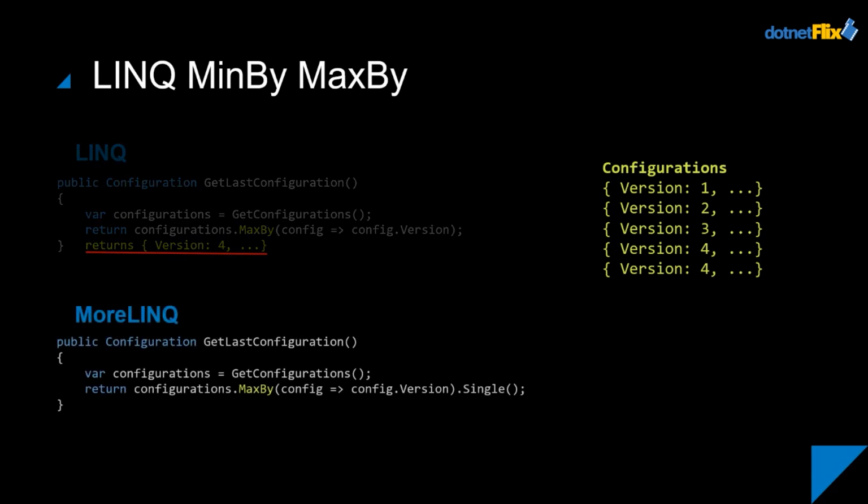But if I use the Linq variant, I would always have to, because of the way the function works, get a list of items back, and I would have to use the SingleOrDefault or some other Linq method to reduce that down to a single element. And because in this case I use the Single method, the function would throw an invalid operation exception because there's 2 objects I would get from the MaxBy method.